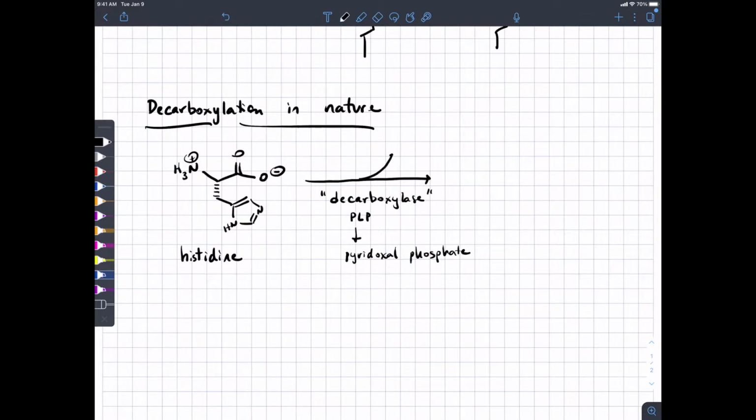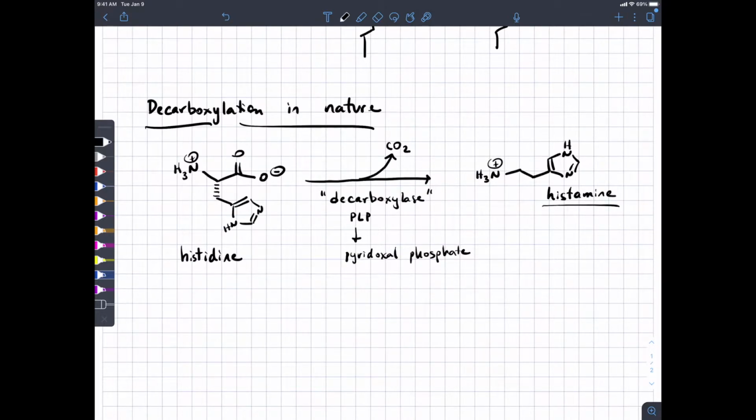This will cause CO2 to be removed from the molecule, and you'll be left behind with this molecule, which is called histamine.